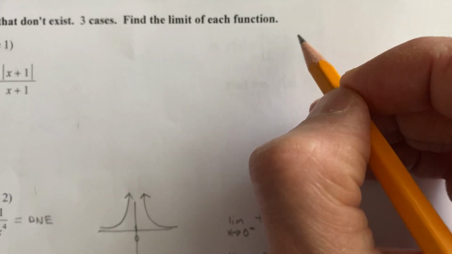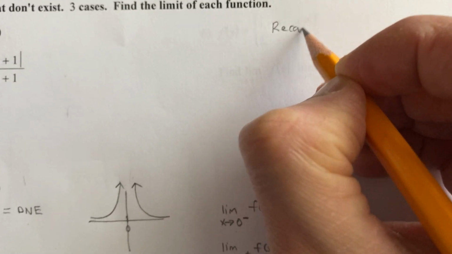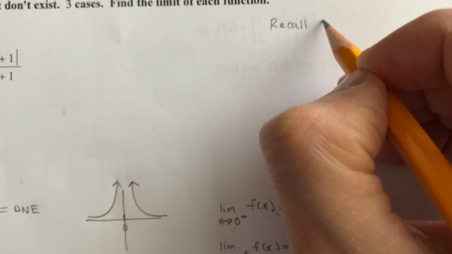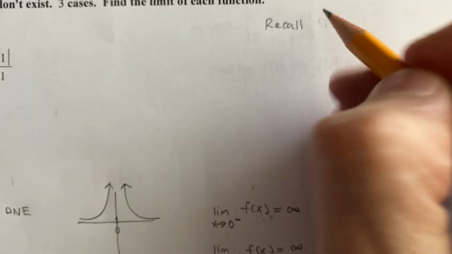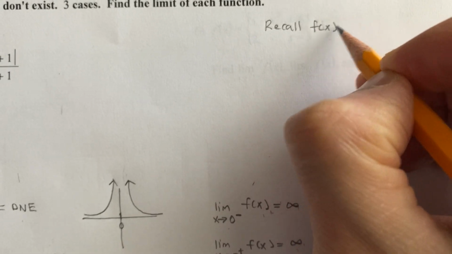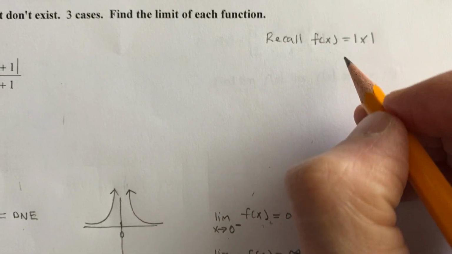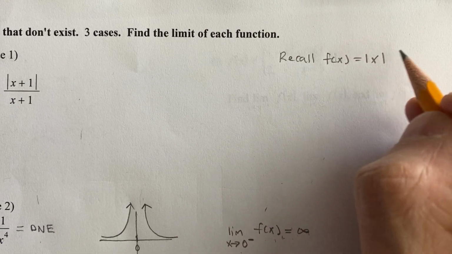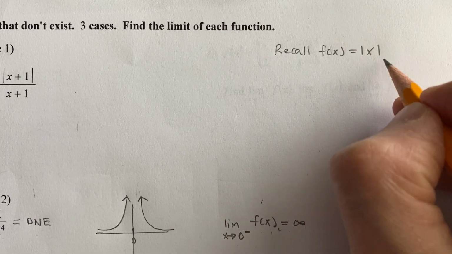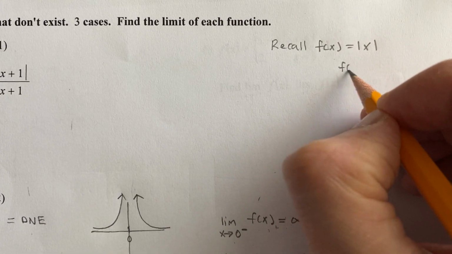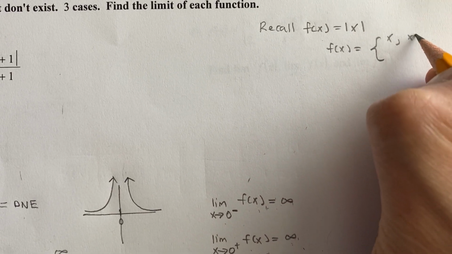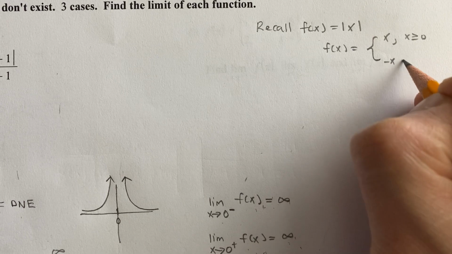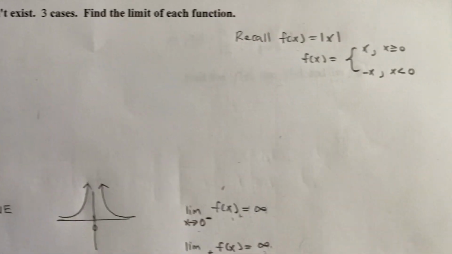So recall the definition of your absolute value, right? If you rewrite this as a piecewise function, f of x is just going to equal positive x for x greater than or equal to 0 and negative x for x less than 0, okay?